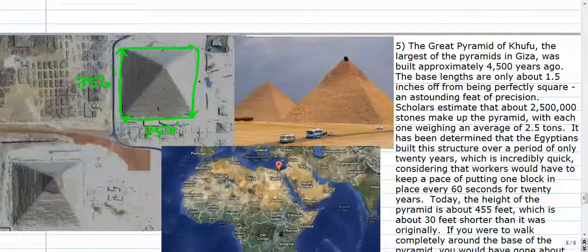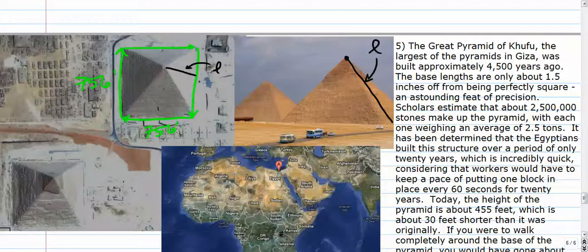So if you were to start here at the top and go down the center of one of the sides, that will be our slant height. So we need to figure that out. It's this distance right here that goes down the side.